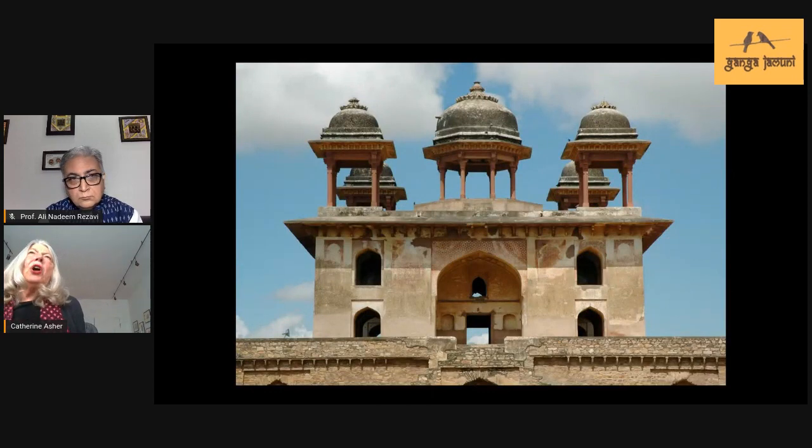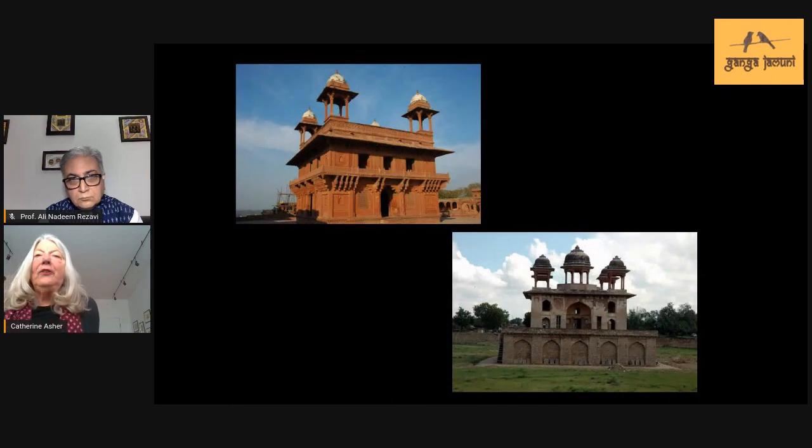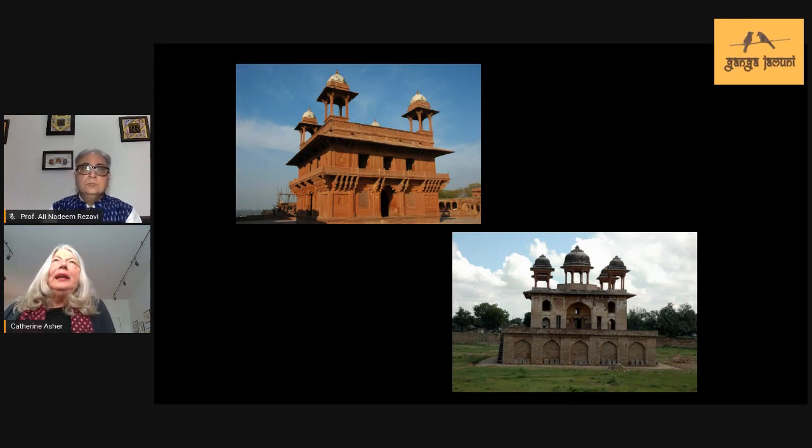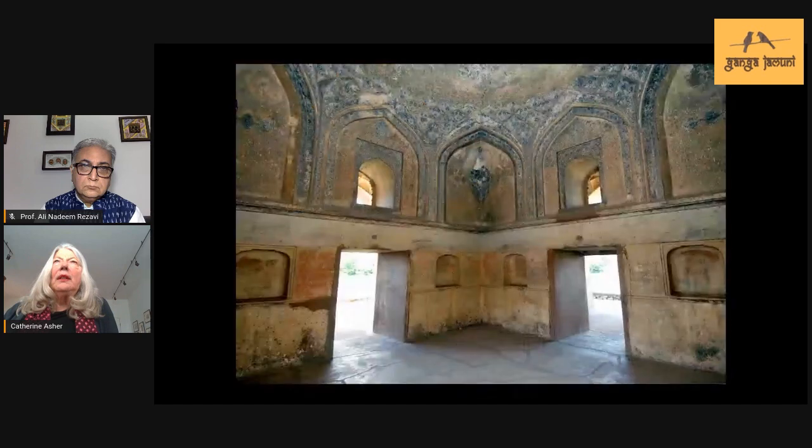If we look at just the top of the pavilion, we can see that it compares favorably with architecture at Fatehpur Sikri. That is, we can see that the very famous Khas Mahal here, Diwani Khas, sorry, its shape and overall plan looks very much like Shah Quli Khan's Jal Mahal.